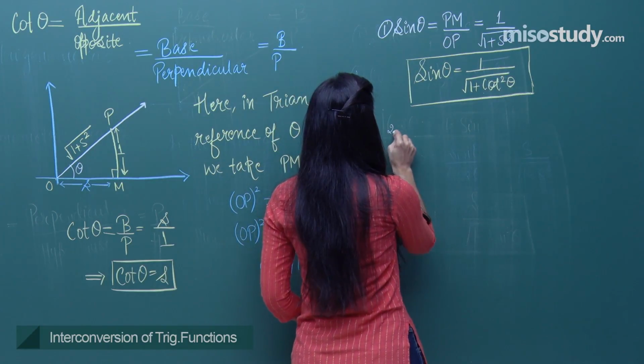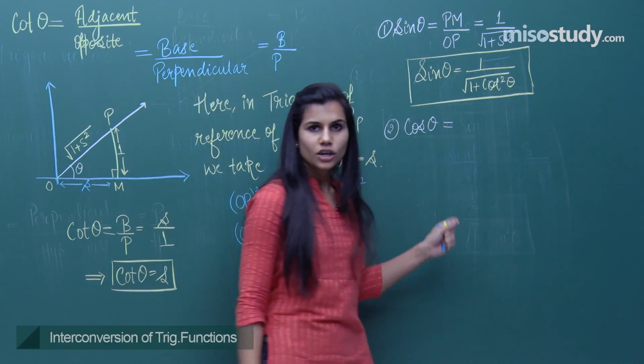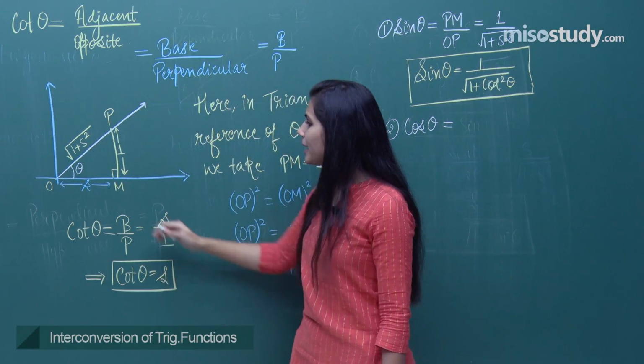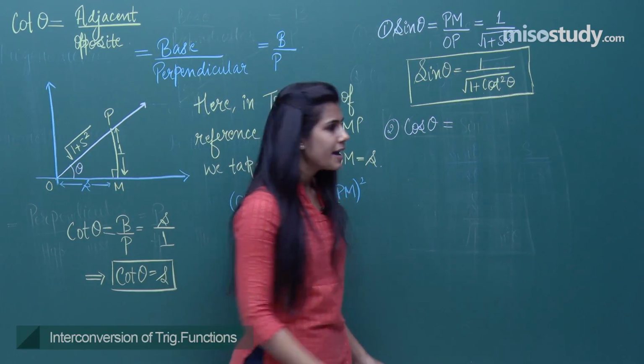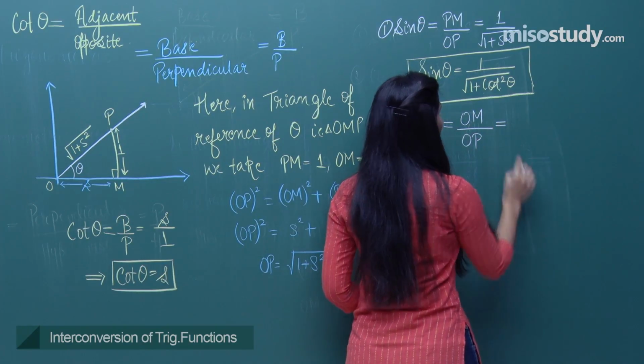If I talk about cos, what is cos? Cos theta is base upon the hypotenuse. So what is your base? Base is nothing but OM and your hypotenuse is OP.